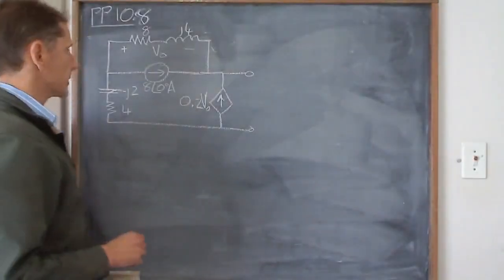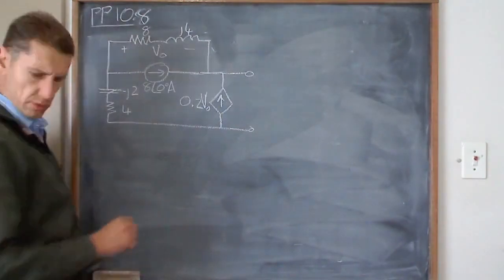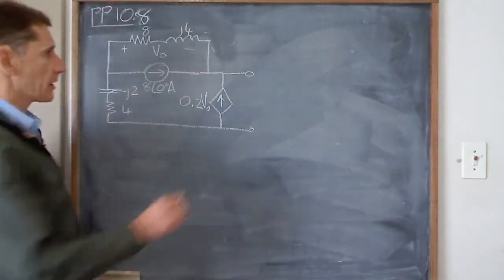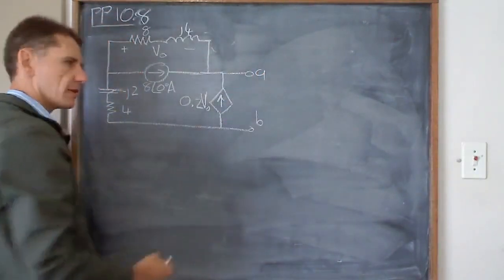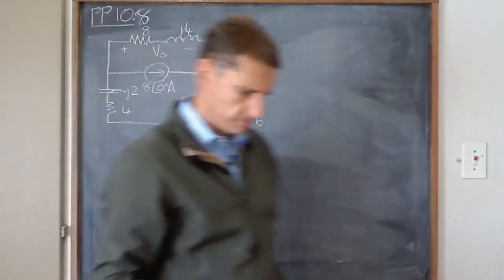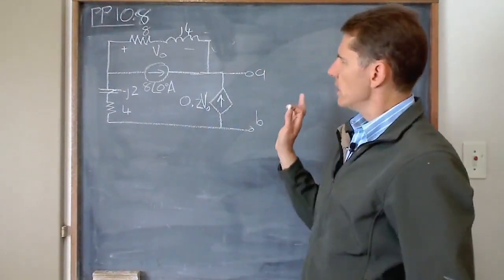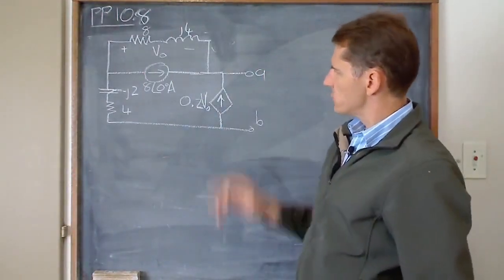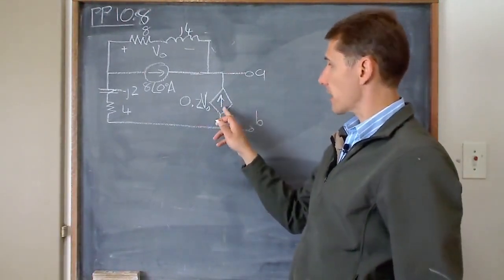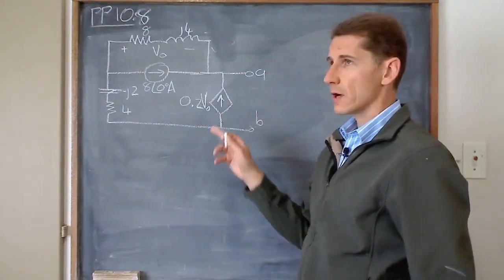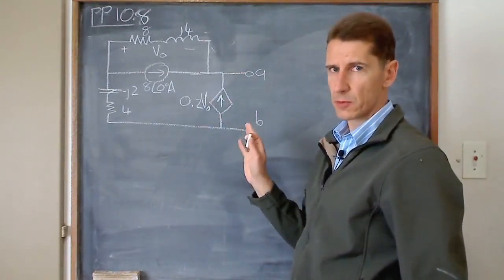Practice problem 10.8. So let's look at our circuit diagram first. Again, we need to probably give terminal names there. A, B, we want to determine the Thevenin equivalent between terminals A and B. Now, when you get to a question like this in a test or exam, you look at the circuit diagram, you see a dependent source, and it's a voltage-dependent current source, and then you go in your head, let's try the next question, let's skip this one.